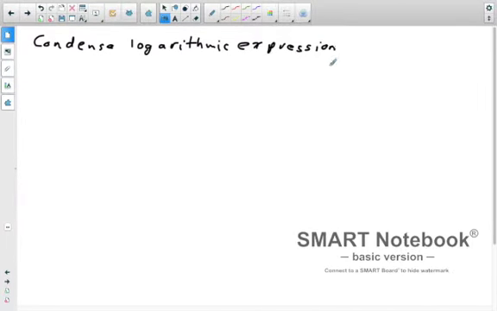This is an important algebraic skill to have, because if we're trying to solve a logarithmic equation, we need it written as a single logarithm before we can apply the vast majority of the tools that we would use in that situation.